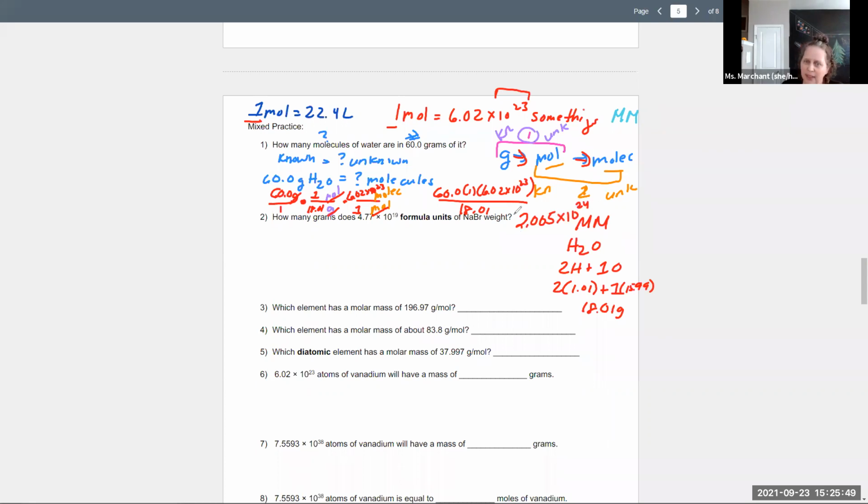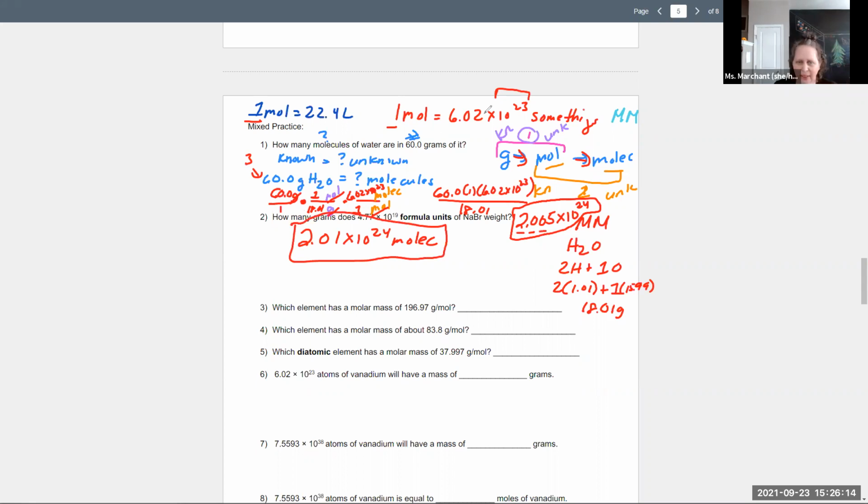That is what the calculator tells me. Now that's not actually my final answer though. I gotta go back to my sig figs. I have 3 sig figs there, so my answer can only be the first 3 significant numbers: 2.01 times 10 to the 24th molecules. And that's the answer to number 1.